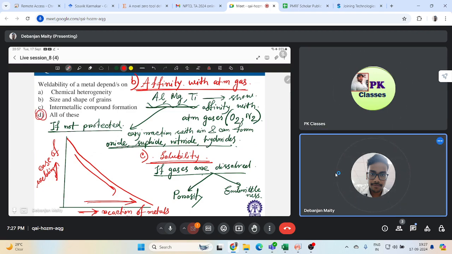As of now, we have not talked about IMC formation, size and shape of grains. But in our previous discussion, we have talked about how fine grain and coarse grains affect your weldability.